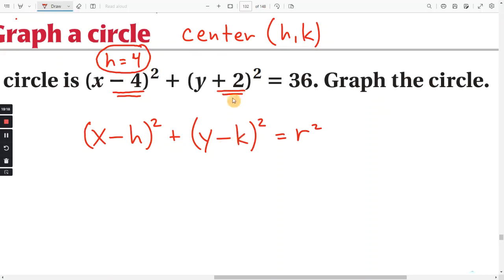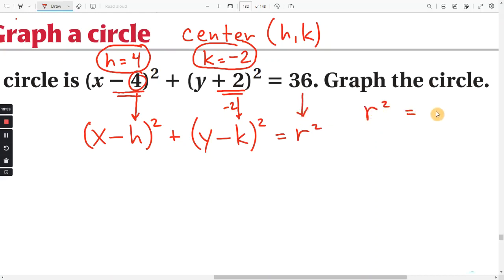Negative k is positive 2, so k is going to be negative 2. So if you want to find the coordinates for the center from the equation, you have to change the plus minus sign on each of these terms. So h is actually positive 4 and k is actually negative 2. And r squared equals 36.